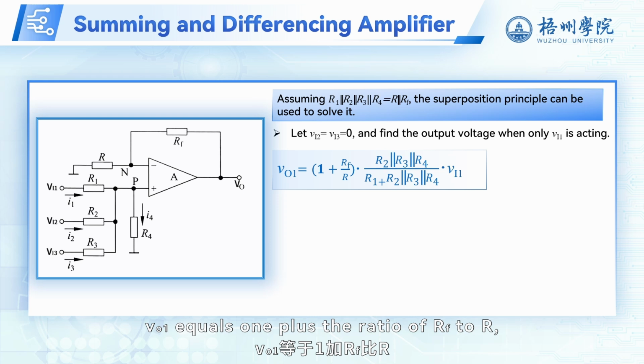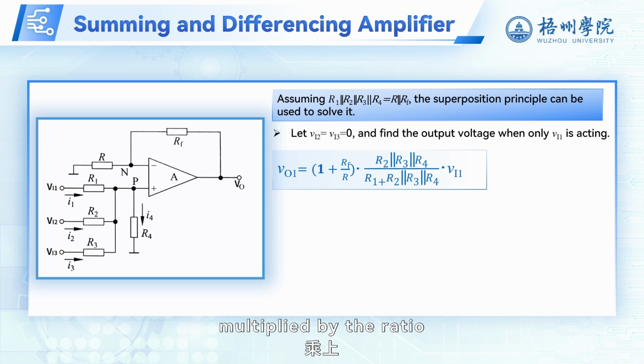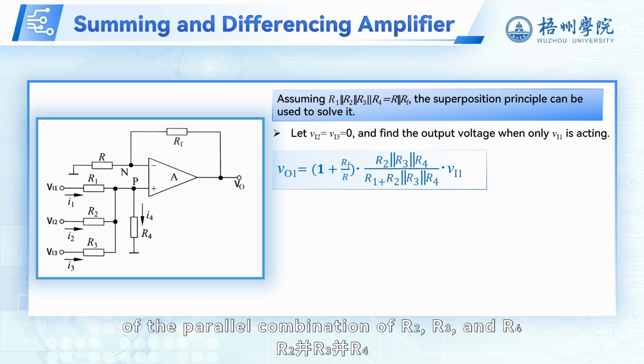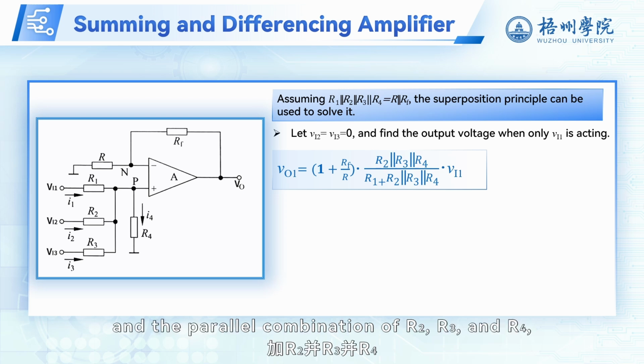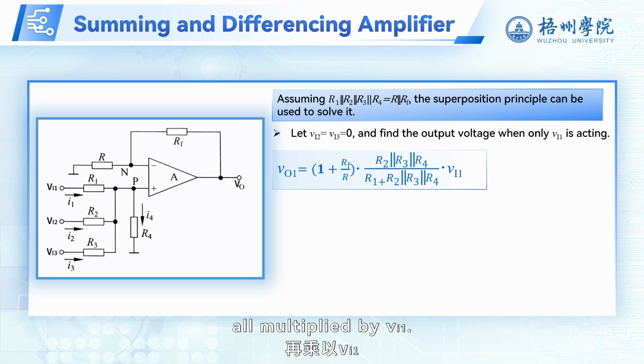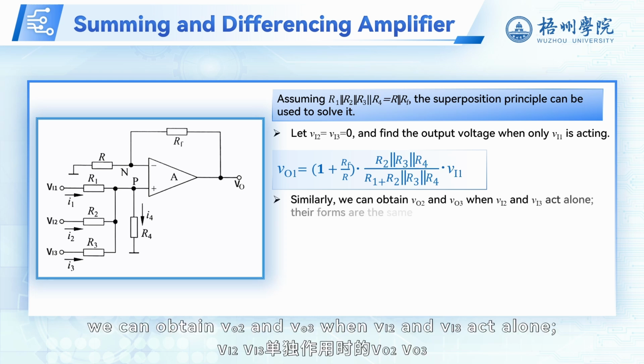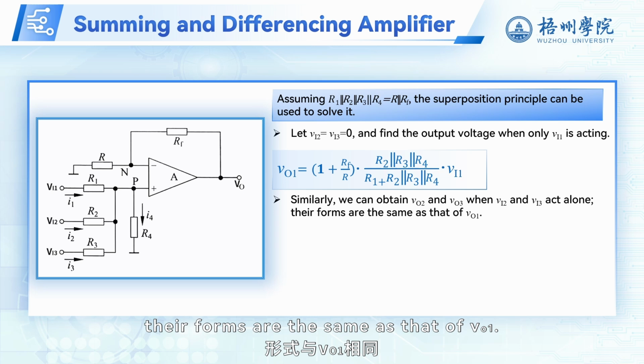Vo1 equals 1 plus the ratio of Rf to R, multiplied by the ratio of the parallel combination of R2, R3, and R4 to the sum of R1 and the parallel combination of R2, R3, and R4, all multiplied by Vi1. Similarly, we can obtain Vo2 and Vo3 when Vi2 and Vi3 act alone. Their forms are the same as that of Vo1.